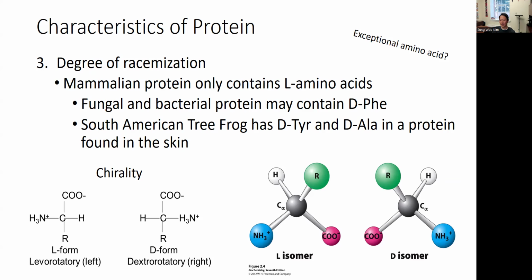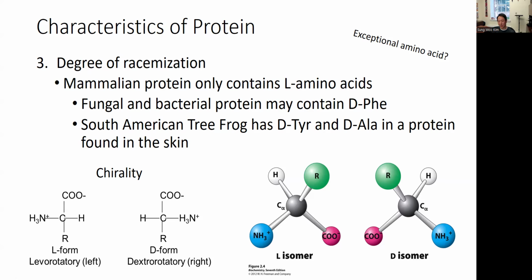Depending on that, you can differentiate L amino acid or D amino acid. So in the case of lysine, it can be either L-lysine or D-lysine. All amino acids will have that, except for glycine, which has a mirror image. Okay?